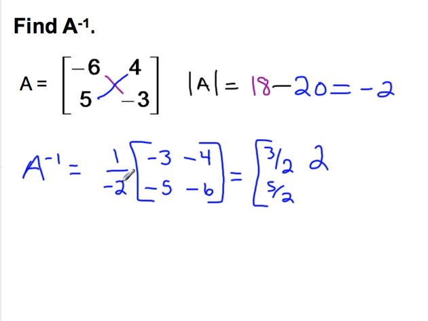And then -6 times -1/2 is positive 6 over 2, which is positive 3. So this matrix right here is my inverse of A.